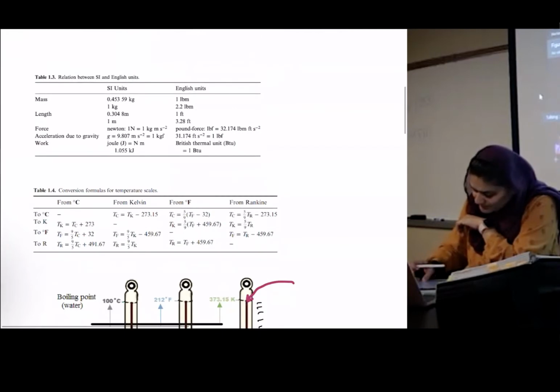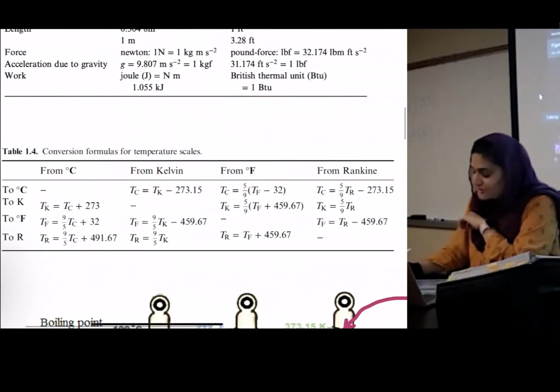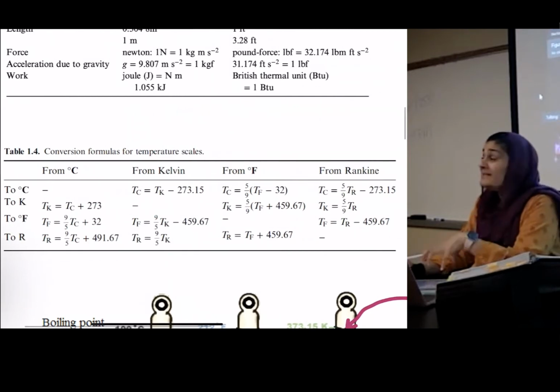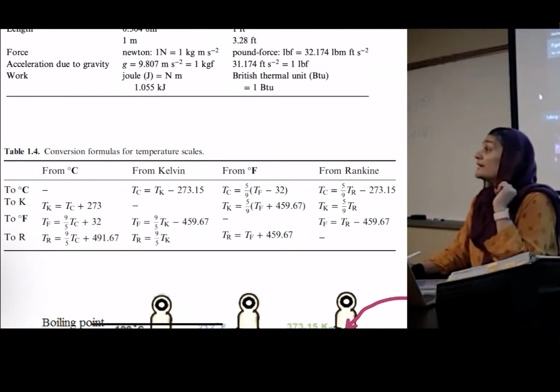Here, Rankine, and these are the conversion factors. These equations look really scary, right? Try to memorize all of them. Oh God. Can I show you a trick on how to make that easy?